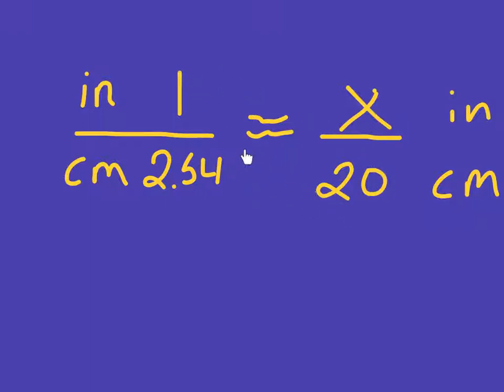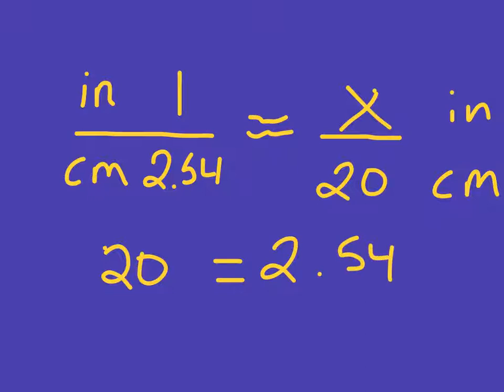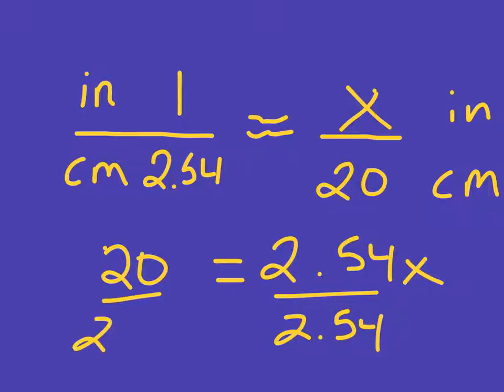So 20 times 1 gives you 20. 2.54 times x gives you 2.54x. Then you solve it like a simple equation. Divide by 2.54. Divide by 2.54. And again, you would get the same answer.